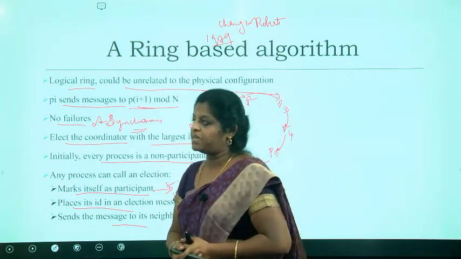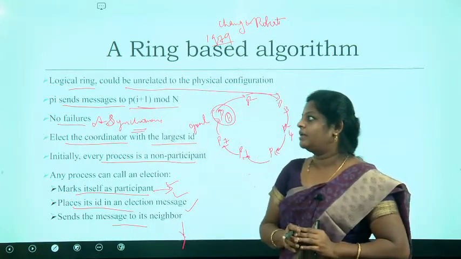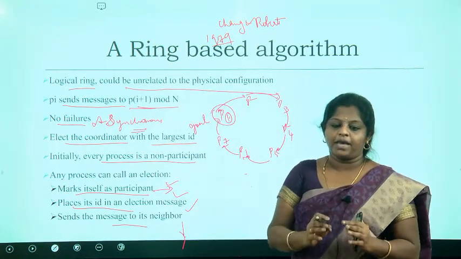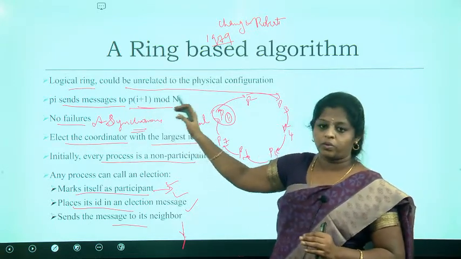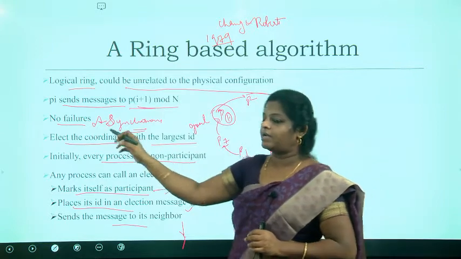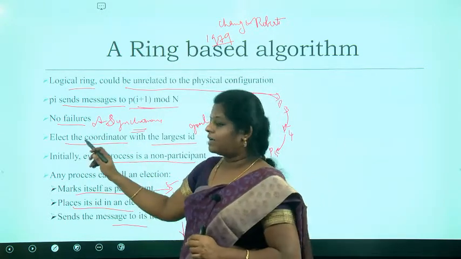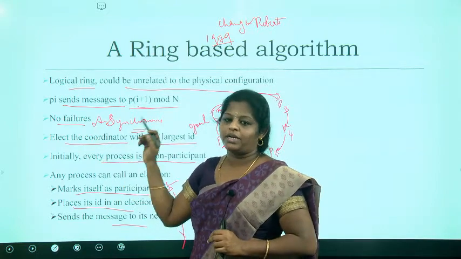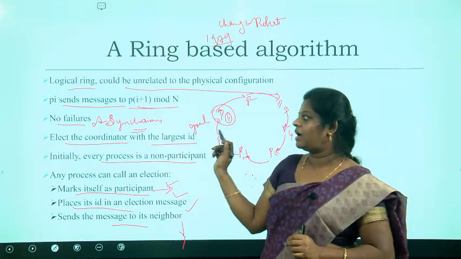The ring-based algorithm is a logical ring-based structure where Pi sends messages to Pi plus 1 mod n. Here we assume there is no failure and the system is asynchronous. The goal is to elect one process as coordinator, the one with the largest ID.